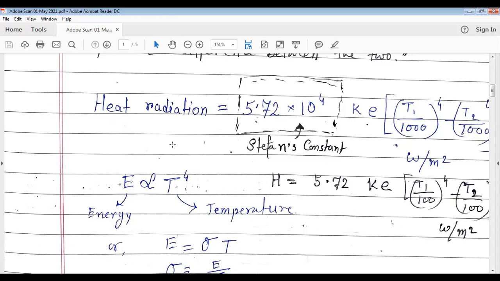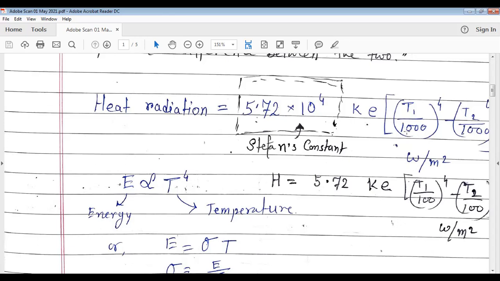Okay, so heat radiation H is 5.72 into K E A into 10 to the, this is in the brackets, into in the first bracket T1 by 100 to the power 4 minus T2 by 100 to the power 4, and the unit is watt per meter square.